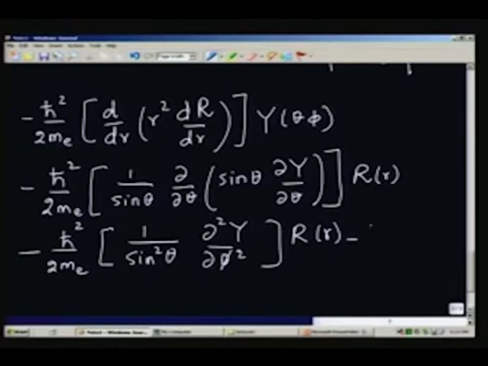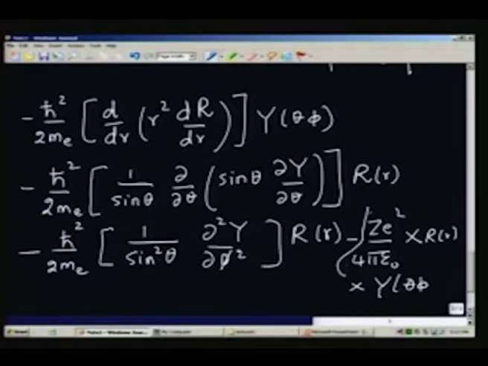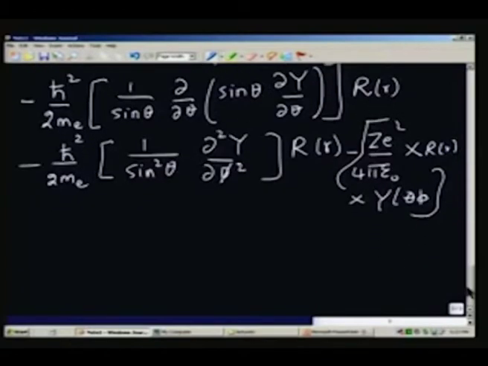minus Ze square by 4 pi epsilon naught multiplied by the radial part and the angular part Y(θ,φ). I would write this as one term. Okay. This is the Hψ is equal to Eψ.